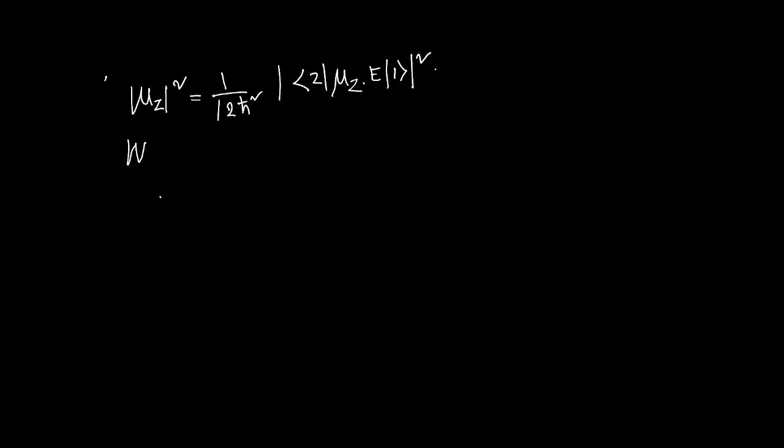Now we know the expression of the rate of absorption from 1 to 2 can be written as mu z square root 2 e.